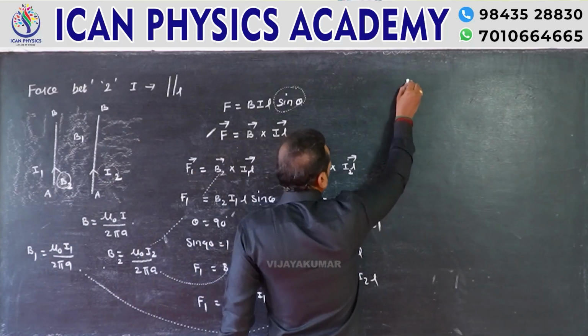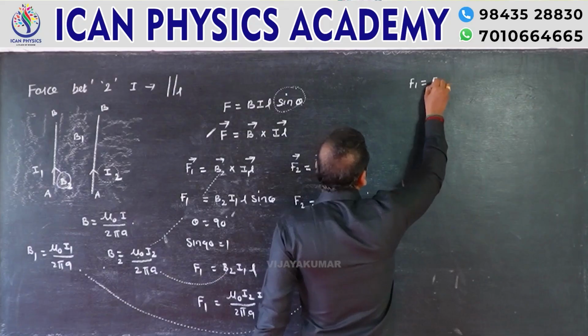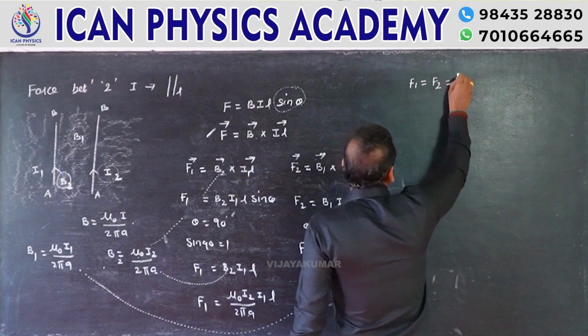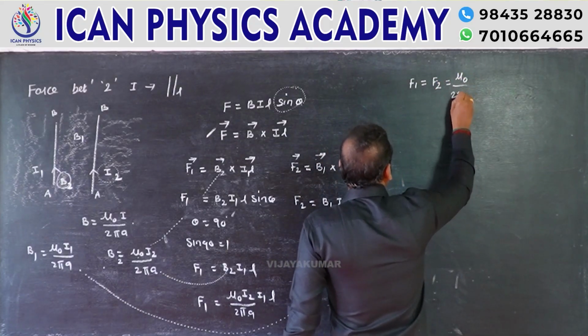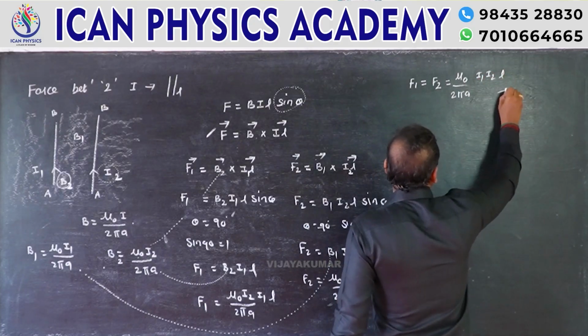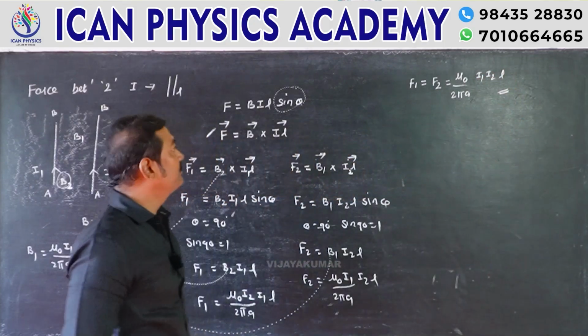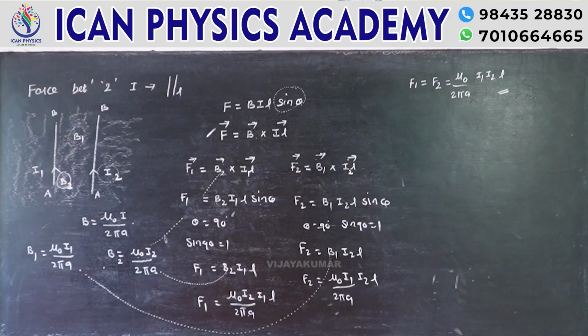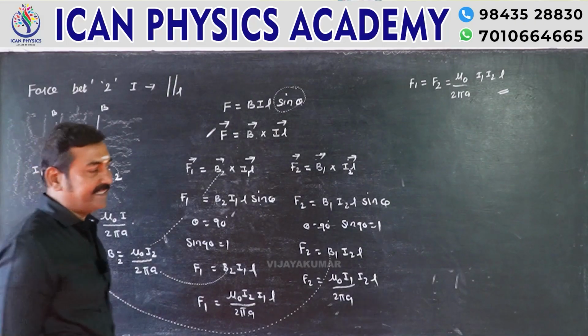So F1 equal to F2 equal to μ0 by 2 pi A into I1 I2 into L. So this is the expression for force between two current carrying conductors when kept parallel to each other.